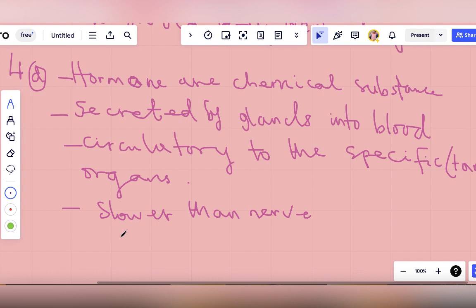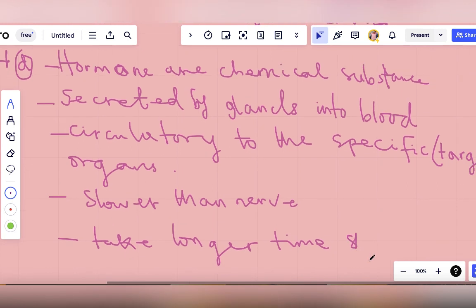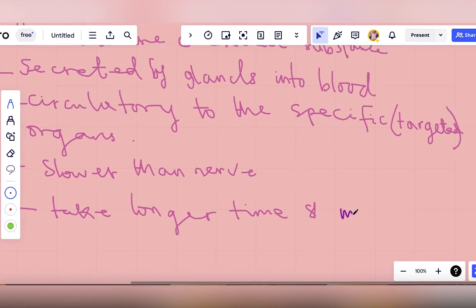And they take longer time and they are more lasting.